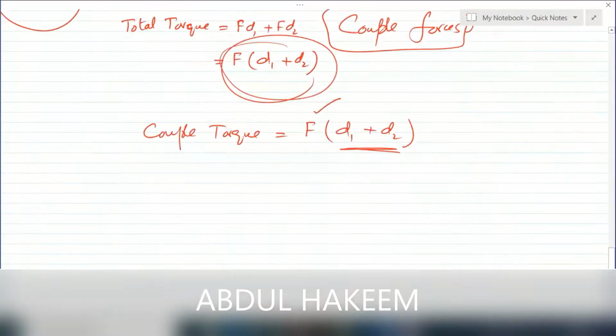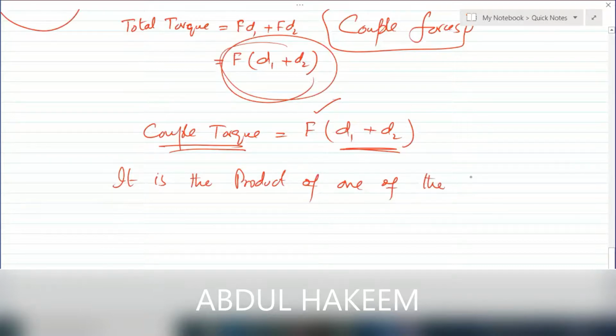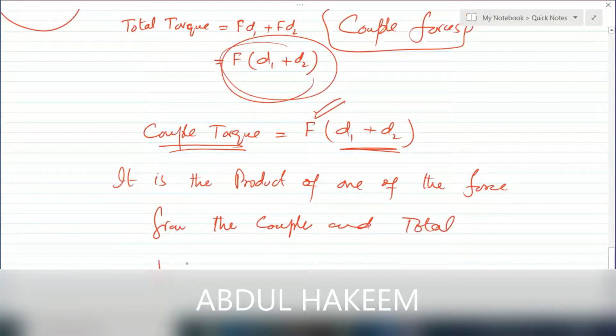So we will define this couple torque as the product of one of the forces from the couple, look, this one force, and the total perpendicular distance between the two forces.